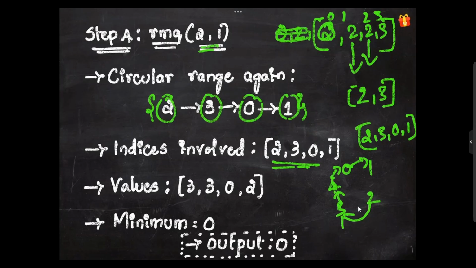For index 2 we have the value 2, for index 3 we have the value 3. So the indices involved here are 2, 3, 0, 1.